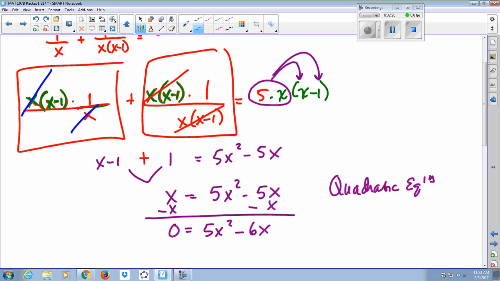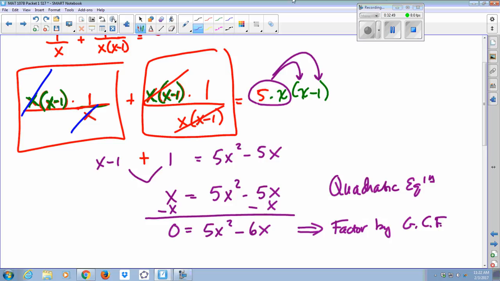Oh, I know what it's called. Come on. What's it start with? Give me a G. Greatest common factor. There we go. Woohoo! All right. Factor by using the greatest common factor.